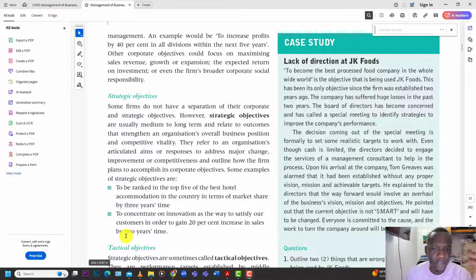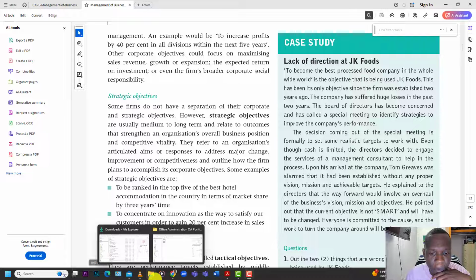However, strategic objectives are usually medium to long term and relate to the outcomes that strengthen an organization's overall business position and competitive vitality. They refer to an organization's articulated aims or responses to address major changes, improvement, or competitiveness, and outline how the firm plans to accomplish its corporate objectives.